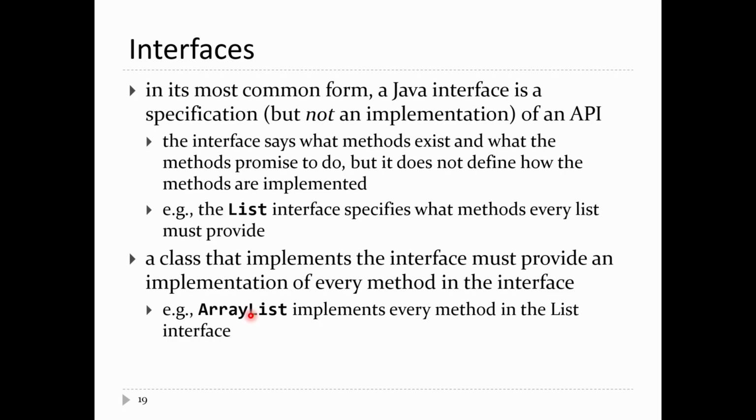Array list is a class that provides the list interface. That's how things work in Java. Classes are allowed to implement interfaces. If a class implements an interface, you know that the class has all the methods declared in the interface. So we know that array list has every method that's in list, and it can also add extra methods if it wants to.